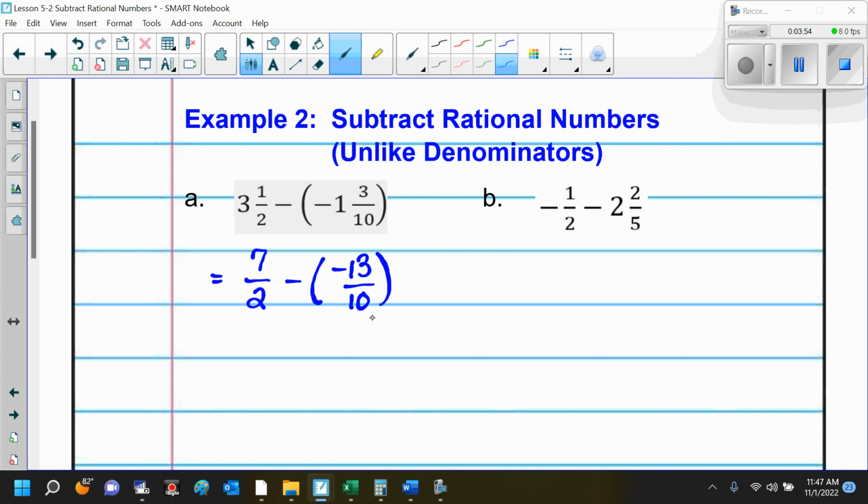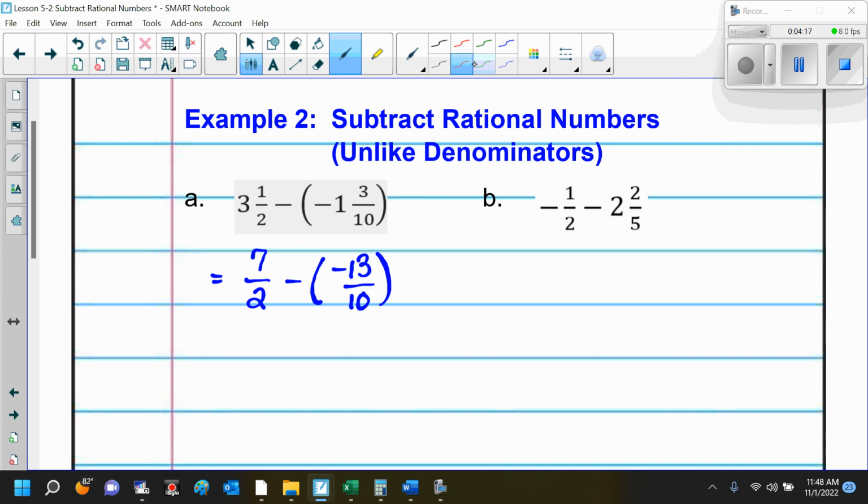Okay? Now, with unlike denominators, we need to make them like denominators. So what is a common denominator with 10 and 2? 10. The common denominator is 10. Remember, for the common denominators, you want to ask yourself, what number can both denominators be divided into?